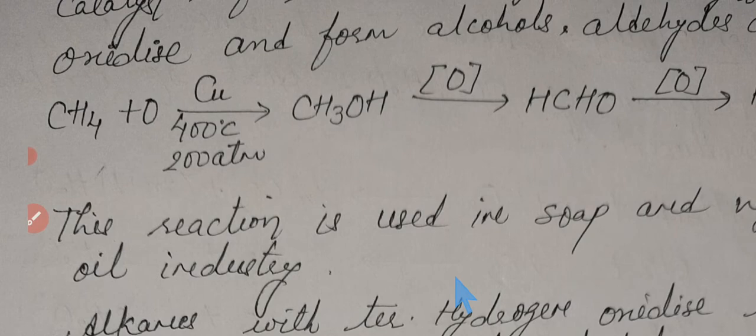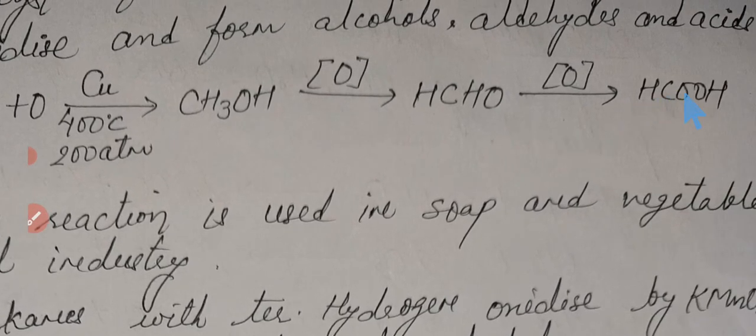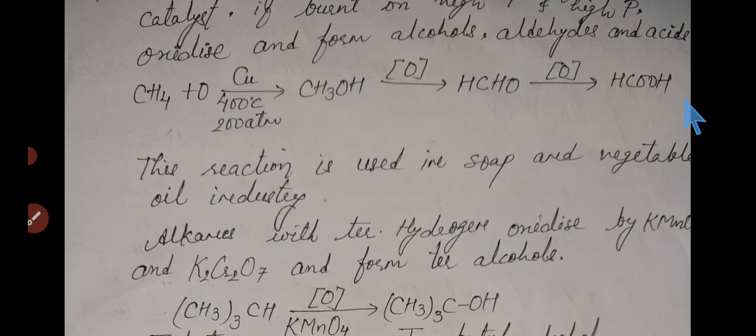Methane is oxidized when it is heated at temperature 400 degrees Celsius and 200 atmospheric pressure in the presence of copper metal catalyst. Methanol is produced, and methanol on further oxidation converts into formaldehyde, which on further oxidation gives formic acid, HCOOH. This reaction is used in soap and vegetable oil industry.